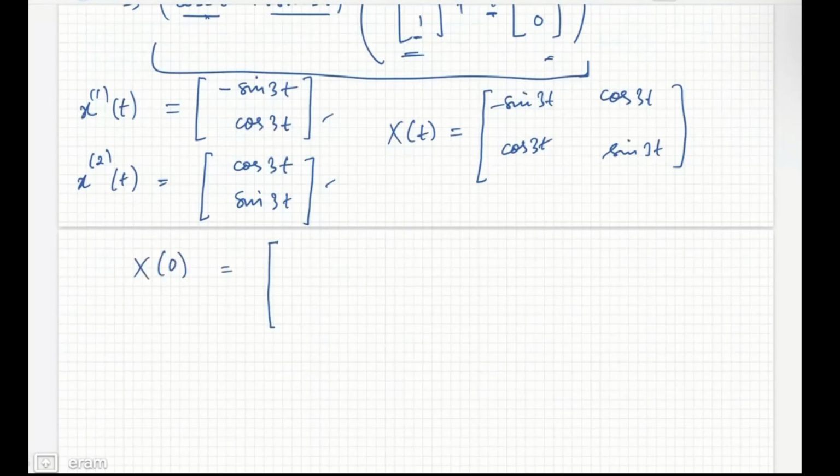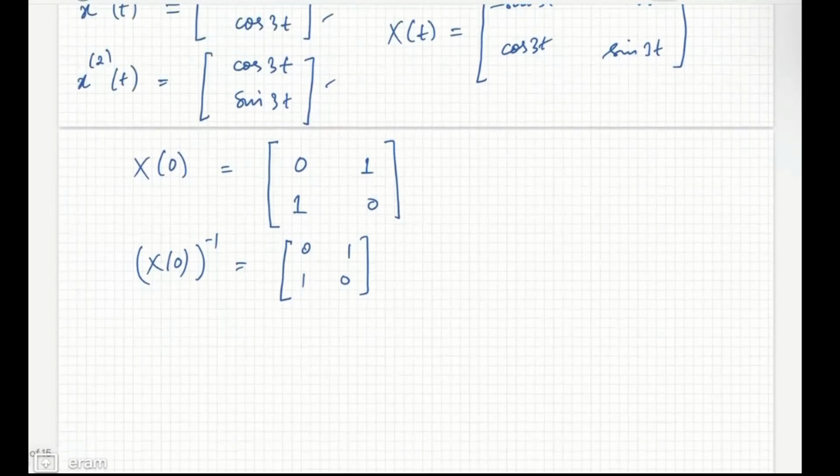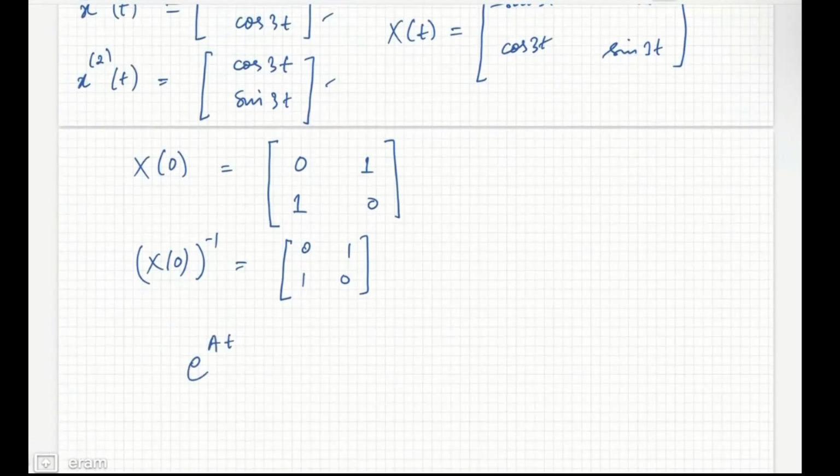So put t equals 0, it will be 0, 1, 1 and 0. Then we have to calculate its inverse. What will be the inverse of this? It will be the same. Then we can calculate the exponential e to the power At as X(t) X(0) inverse.